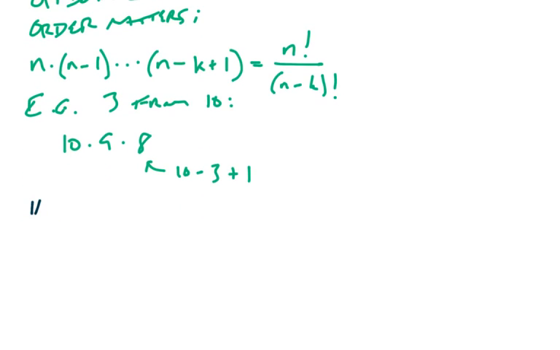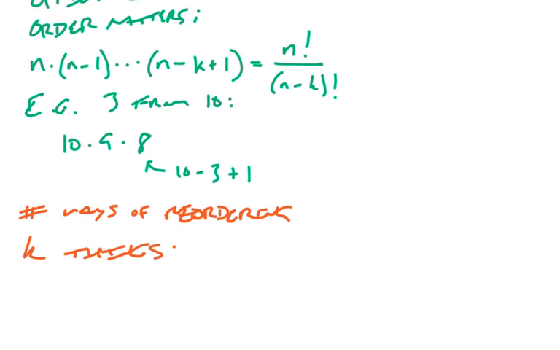Right, so the number of ways of reordering the k things you just picked. Well, this is verbatim the same as our sequential coalitions approach. And I've already done this calculation a few times.